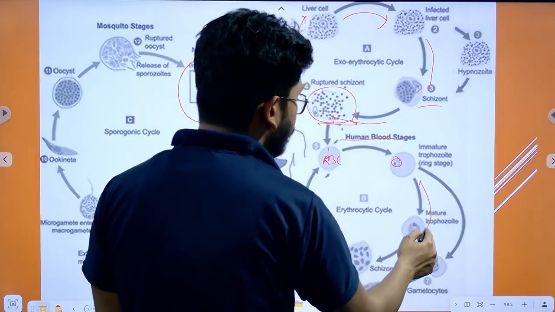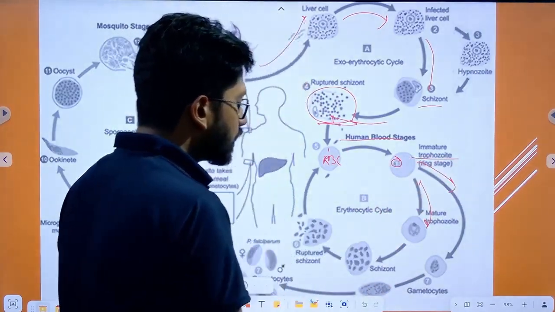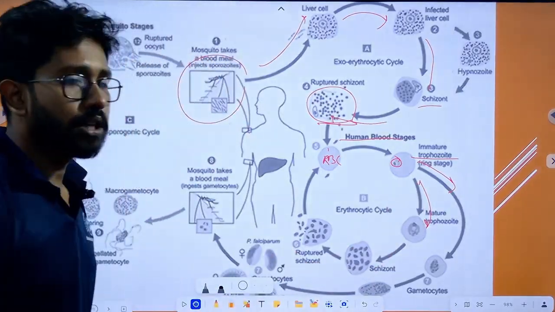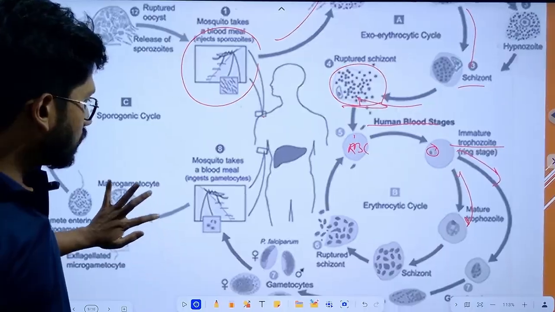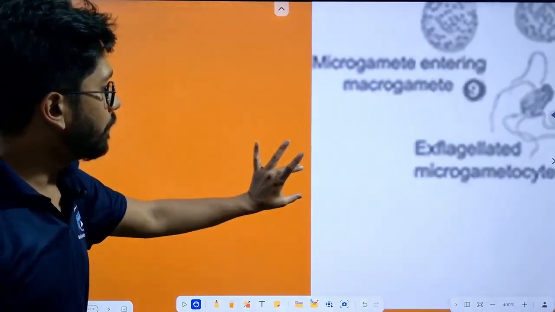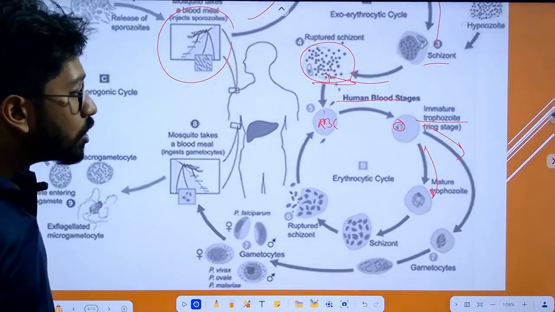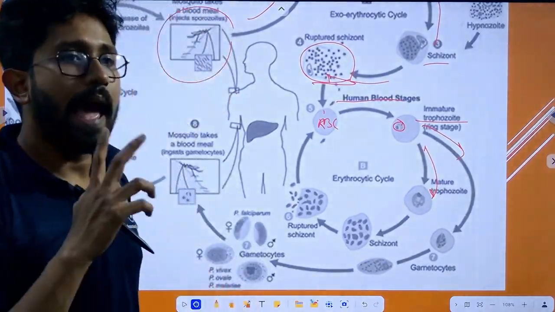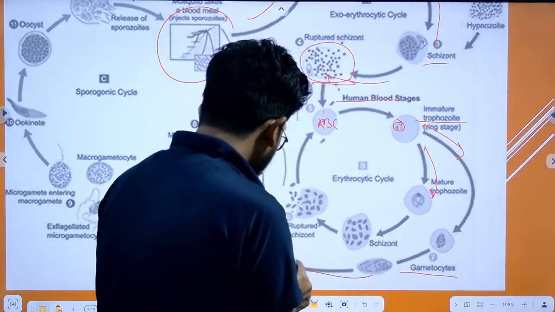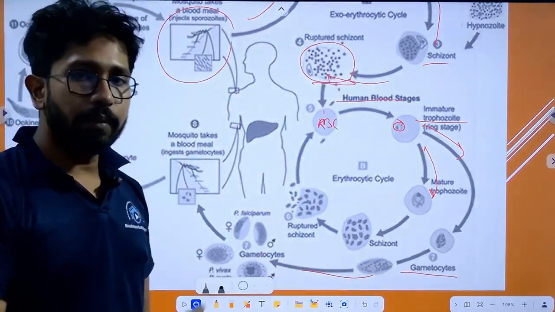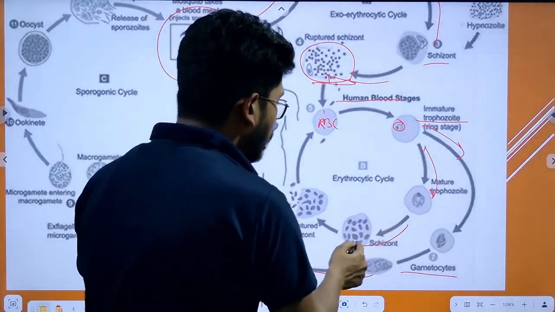After that, they will form immature trophozoites inside the RBC. The trophozoites will mature. After maturation, there are two different fates. Some will form gametocytes, and some of them will keep dividing and making more merozoites.